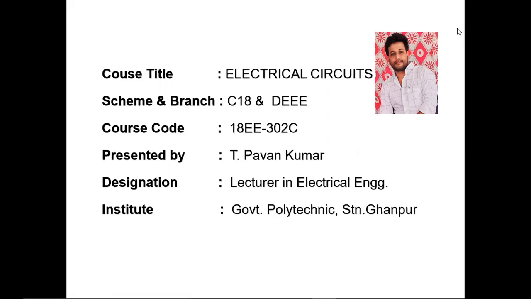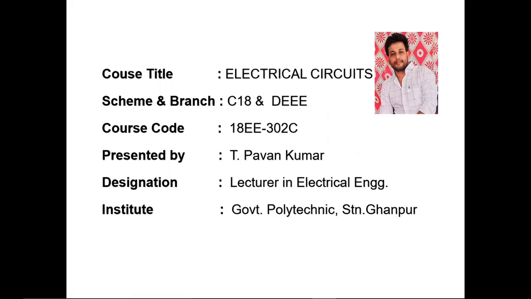Finally, we wrote the equations for R1, R2, R3, where single suffix terms are related to the star and double suffix terms are related to the delta. As you know, we already discussed those terms in our previous session.